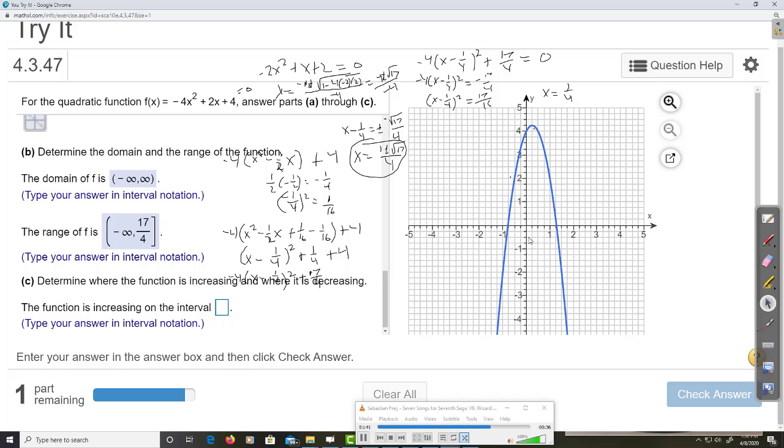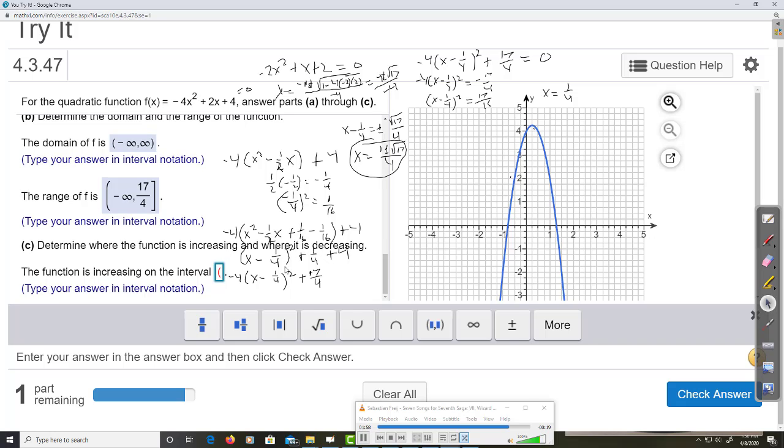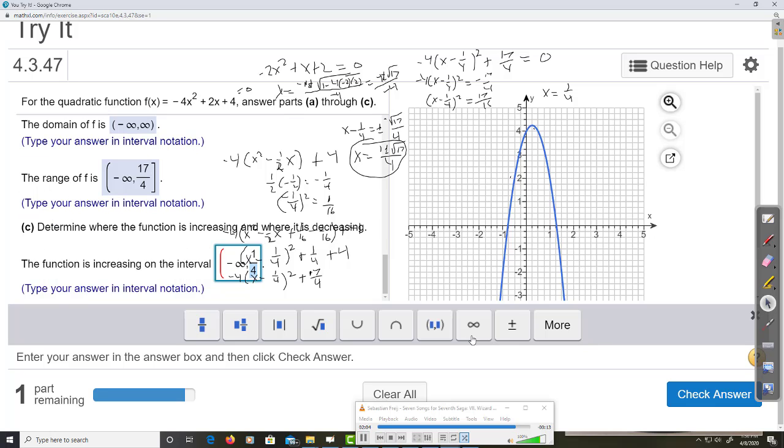Increasing. So on what set of its domain is it increasing or decreasing? Well, it's increasing, going up as you go left to right, from negative infinity till it reaches, what was it, 1/4? Yeah, 1/4. So, negative infinity, comma, 1/4.